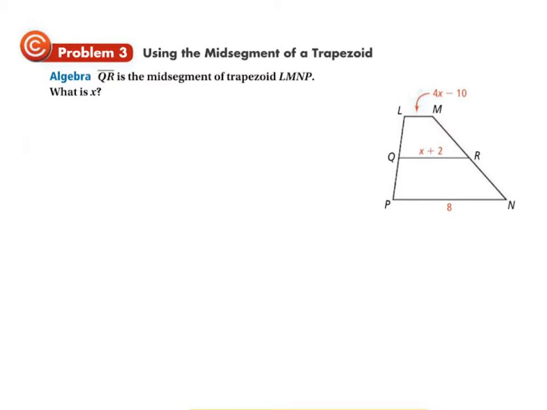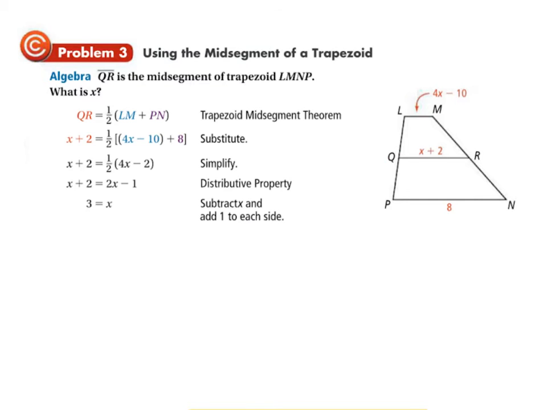So if we use that theorem here, then we have these algebraic expressions that describe the measures of the two bases and of the midsegment. So what is x? Well, remember, we can add these two lengths together and divide by 2, or multiply by 1/2, which is the same thing, and it should be equal to the length of the midsegment.